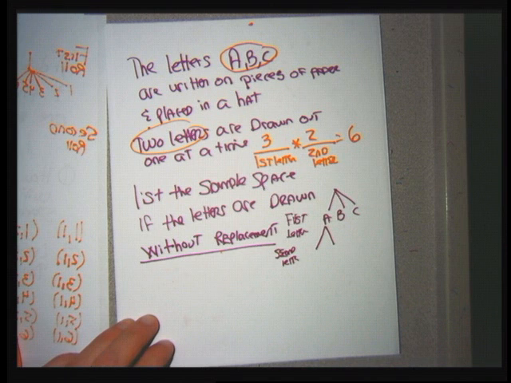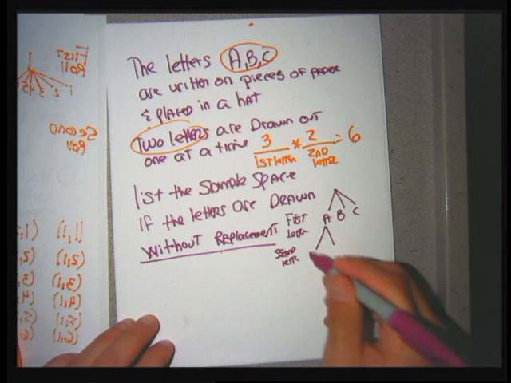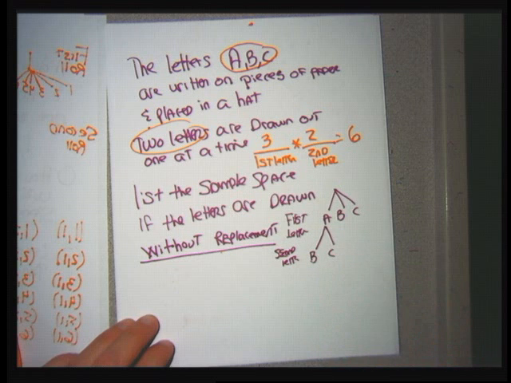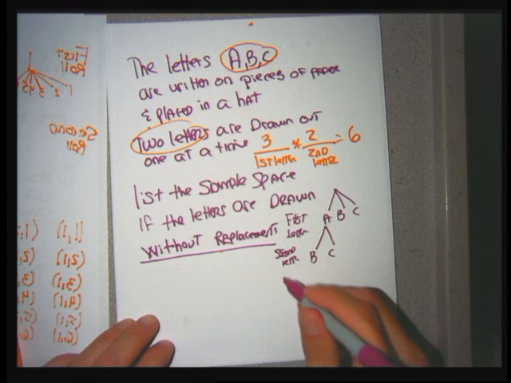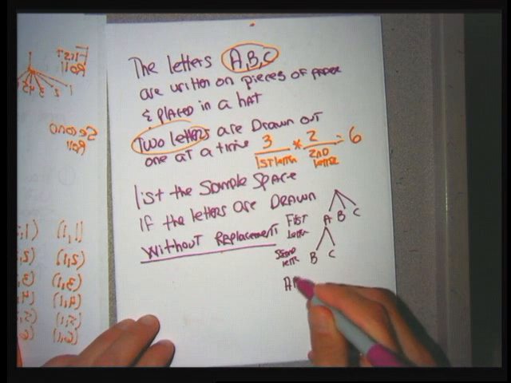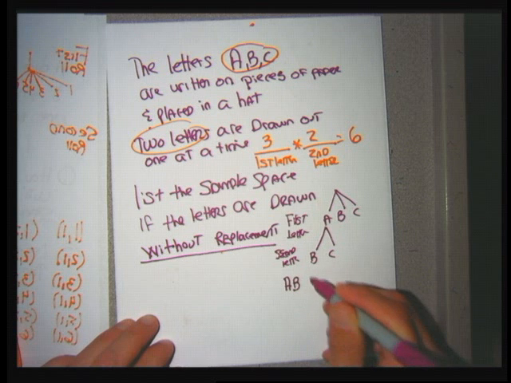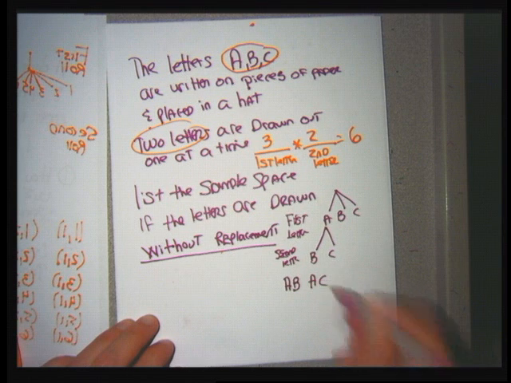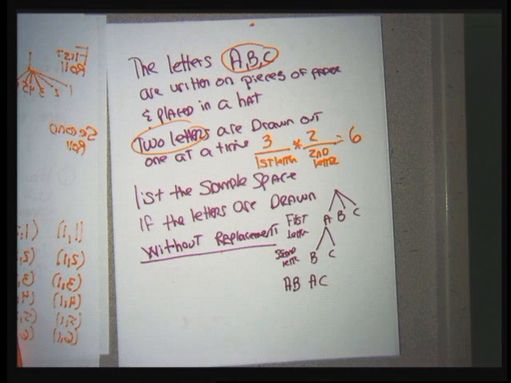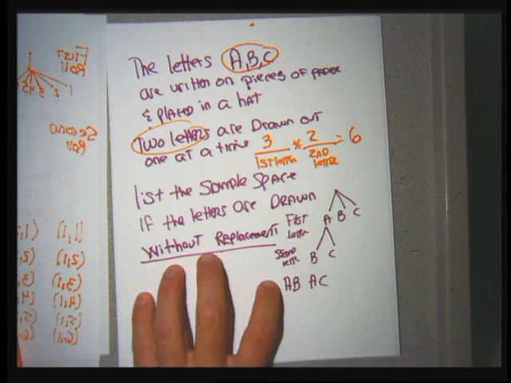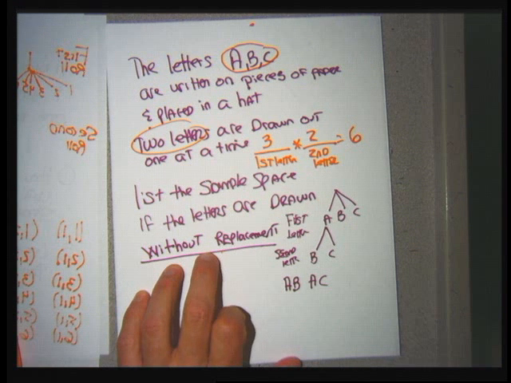My second letter can't be an A, it can only be a B or a C. So 2 of the elements in my sample space would be drawing an A first and then a B second, or drawing an A first and a C second. I can't have an A then an A, because once I pull the A out, I'm not putting it back, because when I say without replacement, it means I'm not putting the letter back.